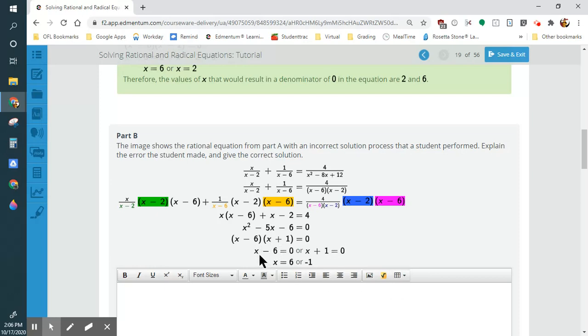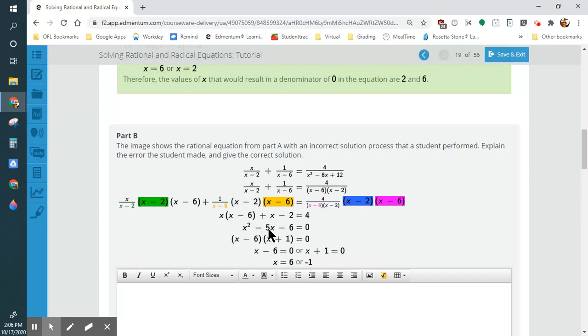So what's the misstep? 6 minus 3. I don't see what they did wrong. Then again, this might be, so hold on. Negative 6. Those cancel, so that should just be 4. x squared, negative 6.